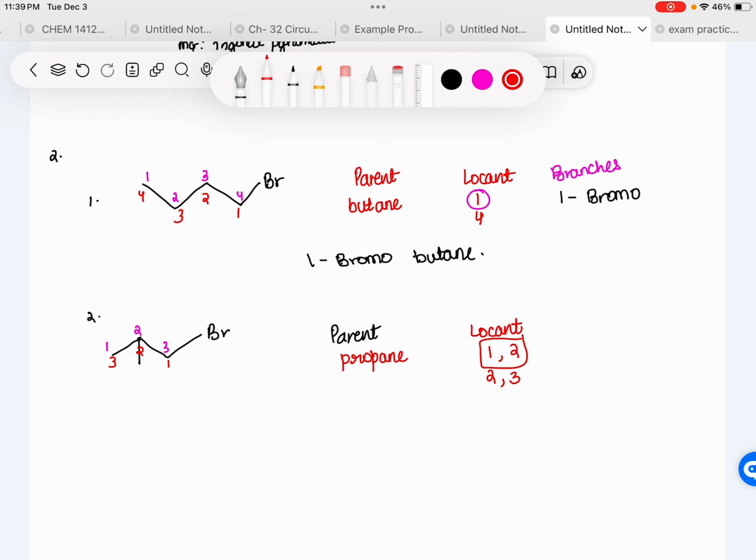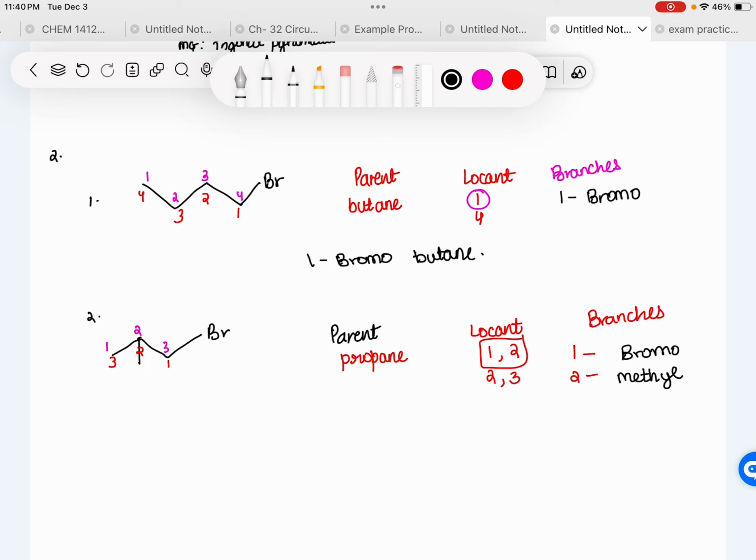We take 1 and 2 into consideration. We have 2 branches, that is 1 and 2. Branch number 1, we have bromo, and branch number 2, we have methyl.